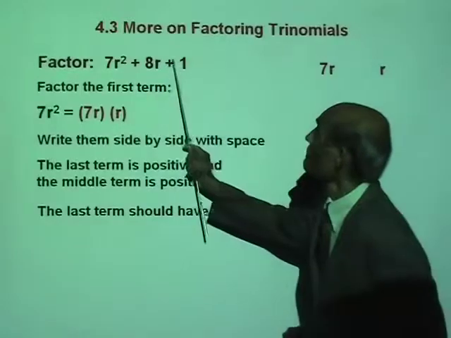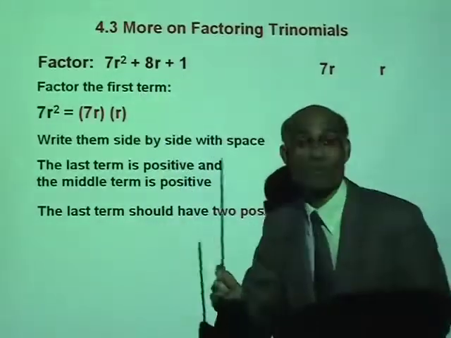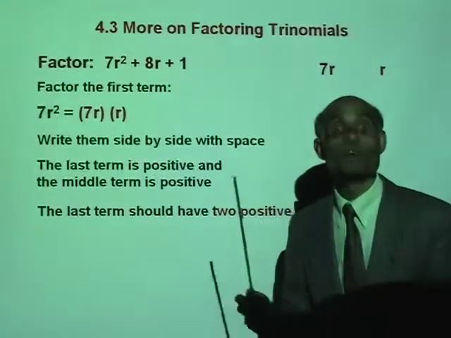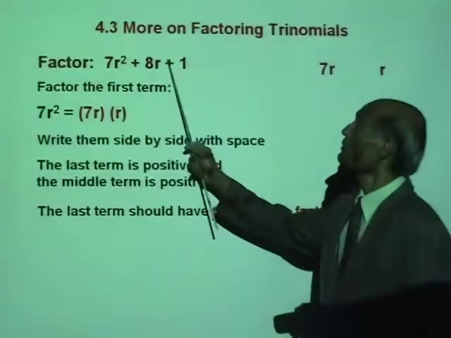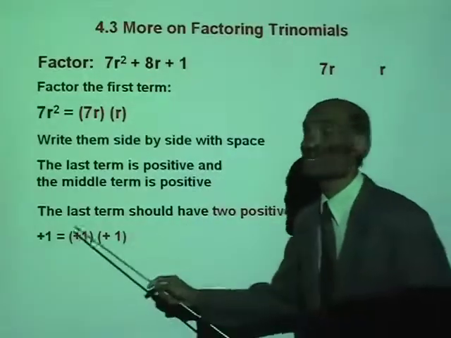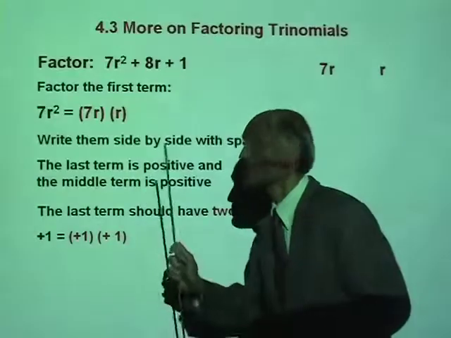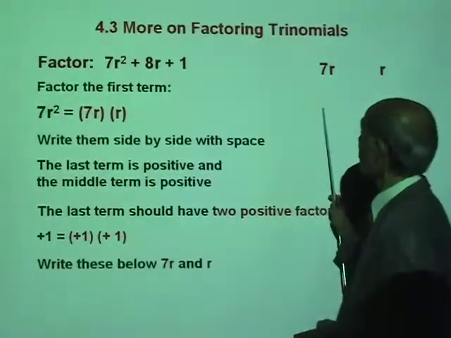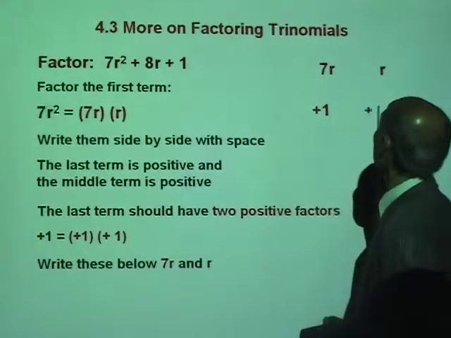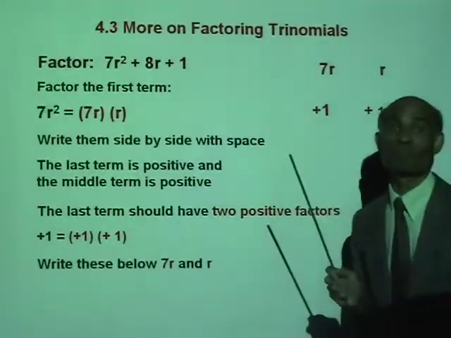So, because the last term is positive and the middle term also is positive, we will use 2 positive factors for the last term. That means positive 1 is factored as positive 1 times positive 1. We will write positive 1 below 7r and positive 1 below r.